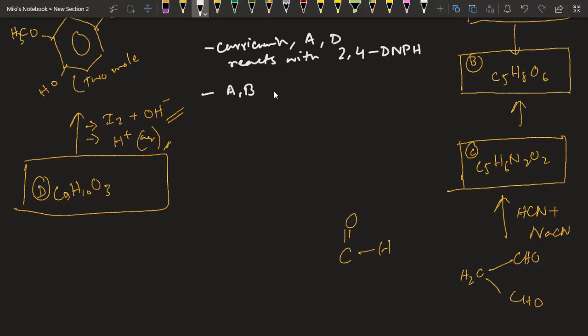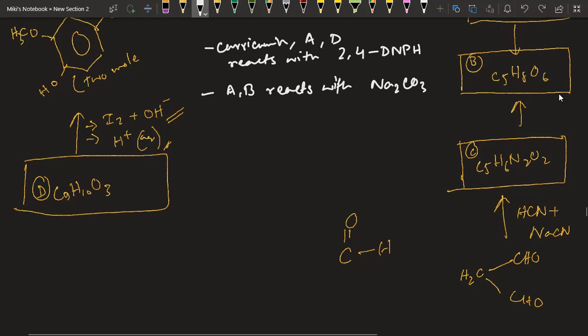Now, AB reacts with sodium carbonate, Na2CO3. Do we have any other information? No, we don't actually have any other information.